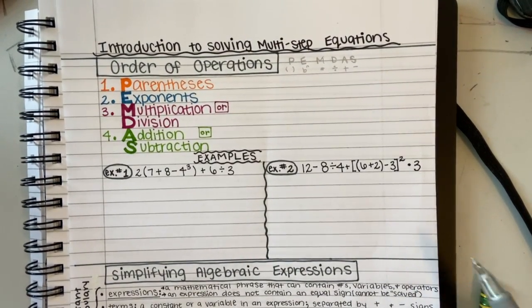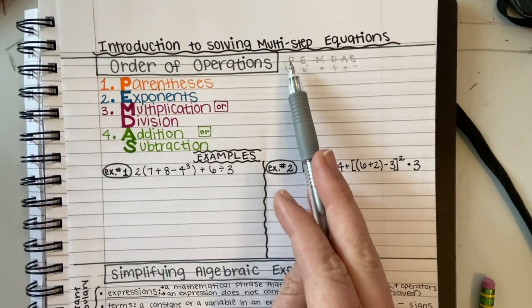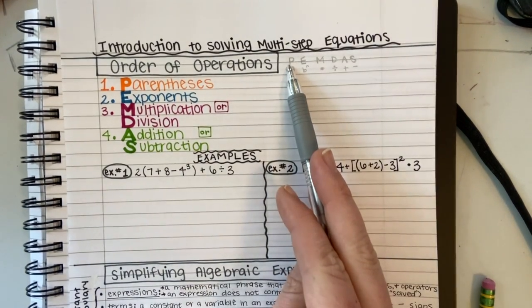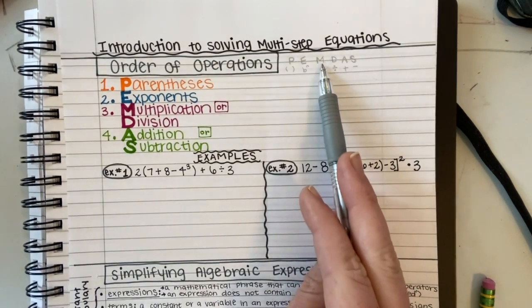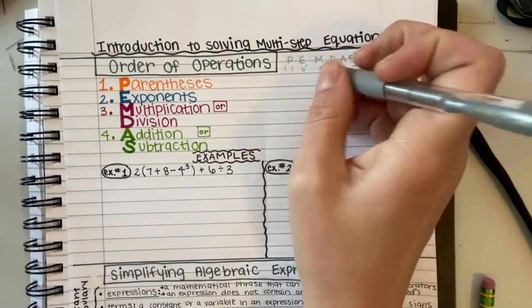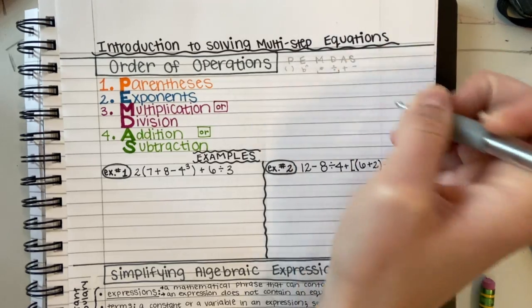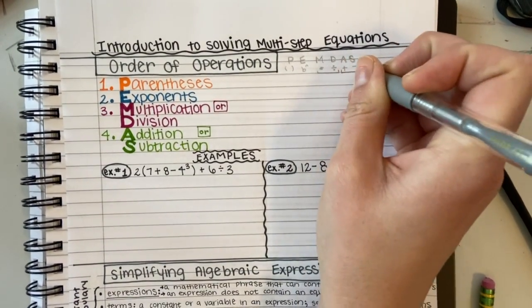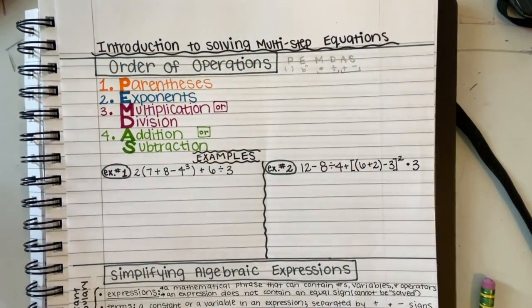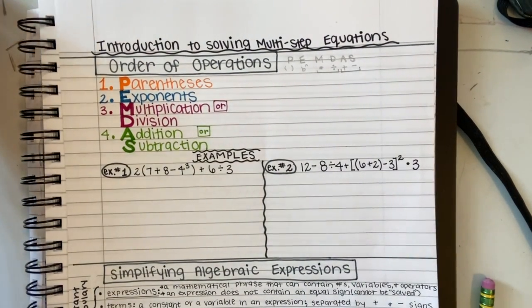The order of operations we remember as PEMDAS. So we have P for parentheses, E for exponent, M and D for multiplication and division, which come as a pair, and we'll talk about that in a second, and then A, S for addition and subtraction. Parentheses is any of my grouping symbols.